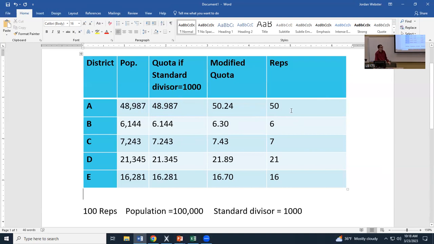They actually get an extra representative beyond what they deserve using the standard divisor. Does that make sense? So using the standard divisor and basic logic about what the standard divisor actually means, A is getting, quote, too many, unquote, representatives using Jefferson's method.